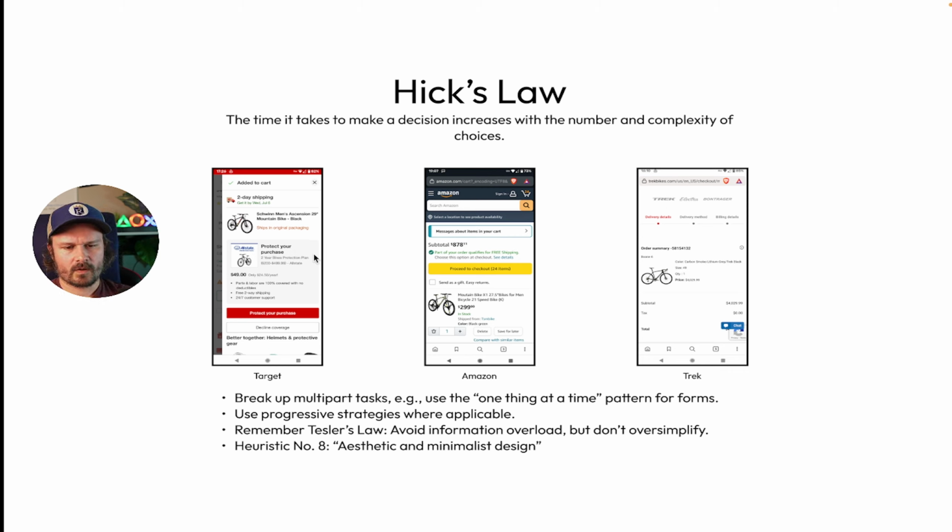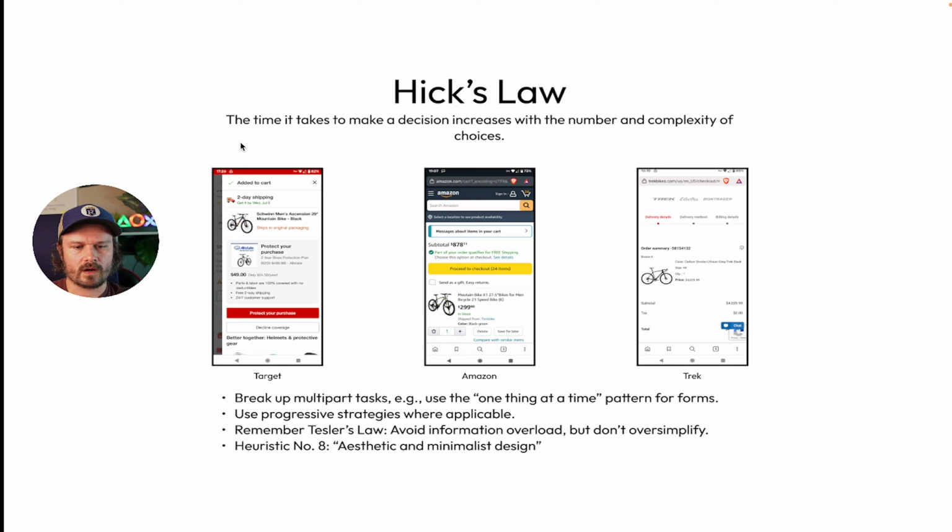And what I found was quite surprising, actually. I found that Target was a big offender when it came to violating a number of heuristics and a number of laws, and I could have included these screenshots on any number of these slides in this presentation, but I chose Hick's law because I think it best represents the problem we see here.